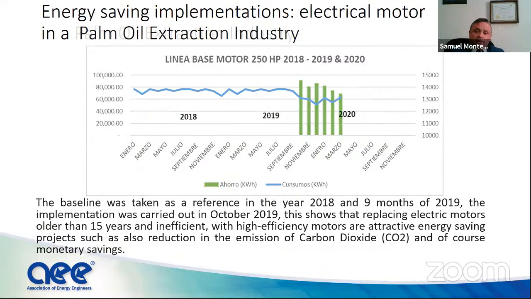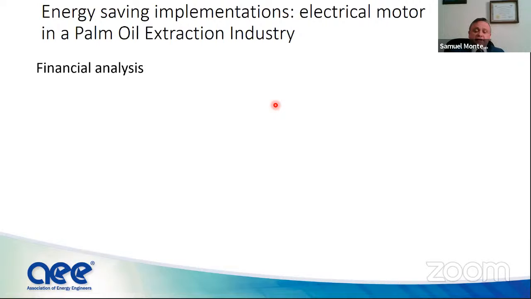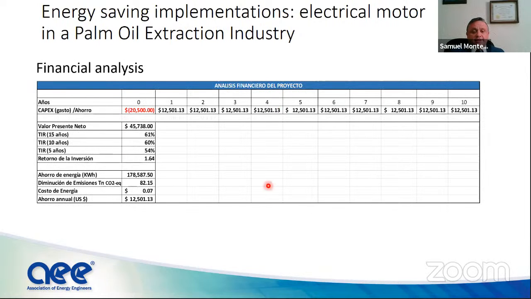But this is the financial analysis: the capex, the flows, the life cycle cost for 10 years, but in all the region of Central America, the motors have 15 or 20 years of installation.